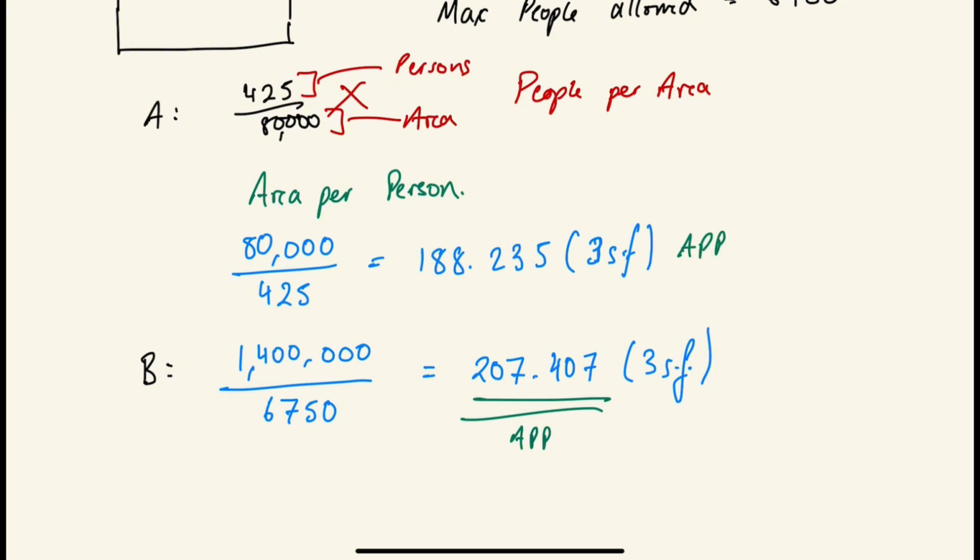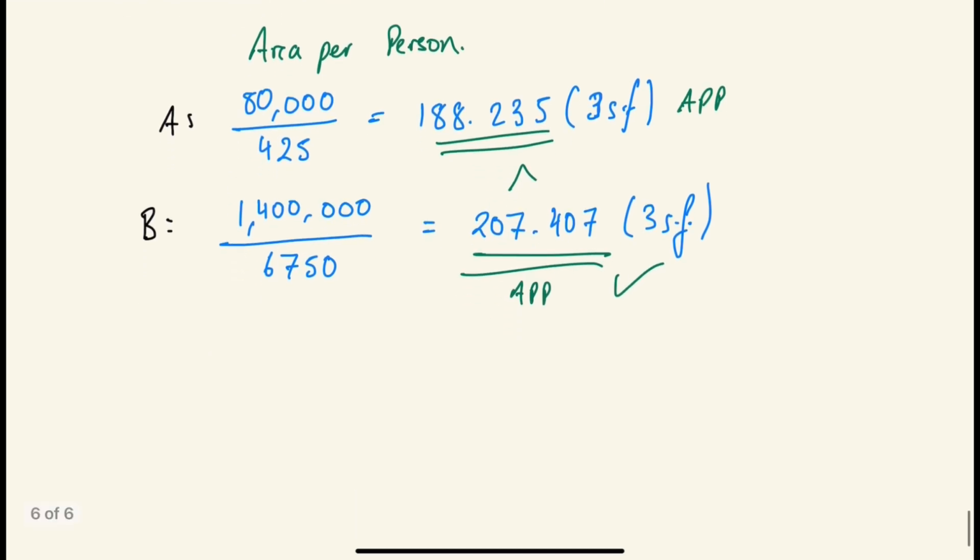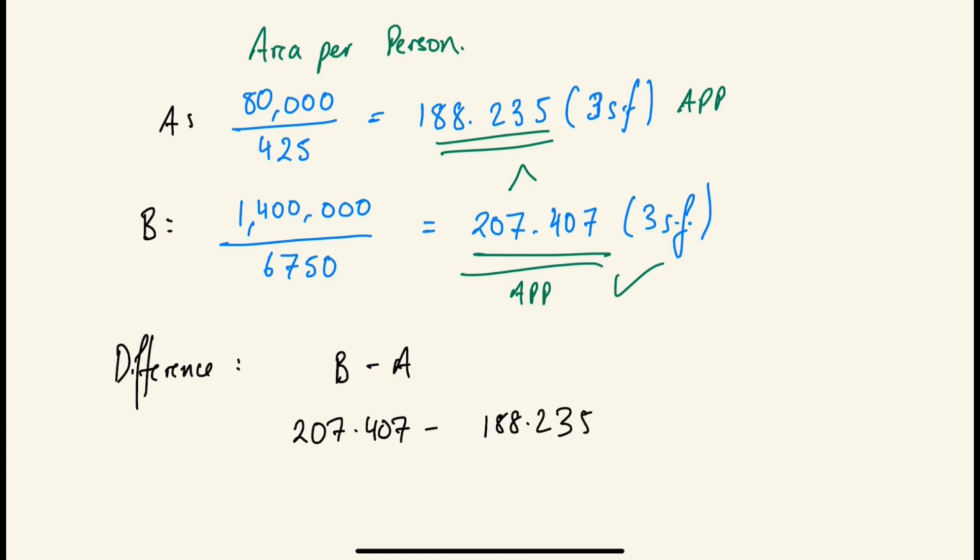This is Festival B, and it is in fact greater than for A. How much greater? So the difference, B minus A, is 1,866.667 minus 188.235. Plug that into your calculator.